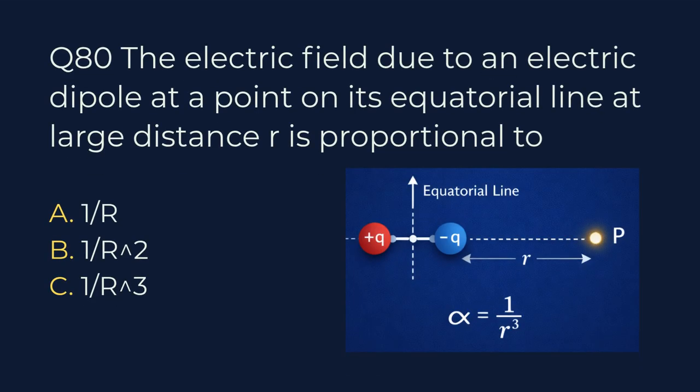Question 80. The electric field due to an electric dipole at a point on its equatorial line at large distance r is proportional to: a) 1 by r, b) 1 by r square, c) 1 by r cube.